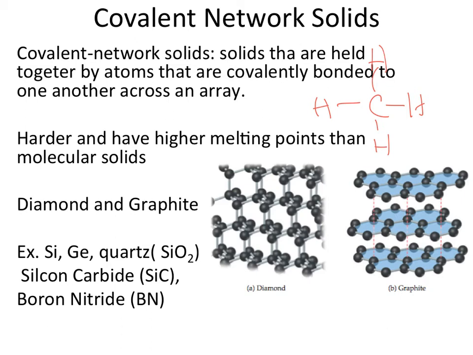Okay, so if we look at diamond, diamond is basically just carbon, and what happens in diamond is you have tetrahedrally oriented carbon atoms, so that's what I'm representing here, that tetrahedral shape, and all of these carbons are then bound to other tetrahedrally oriented carbons, and those carbons are bound to other ones, and so on and so forth, and you get this huge array of covalently bonded atoms.